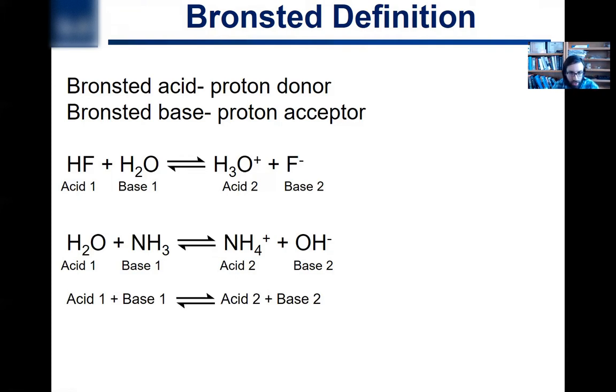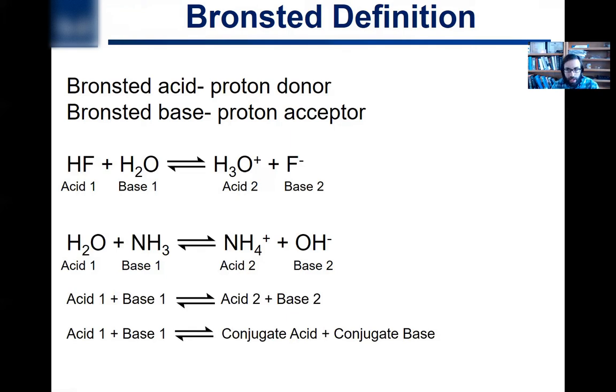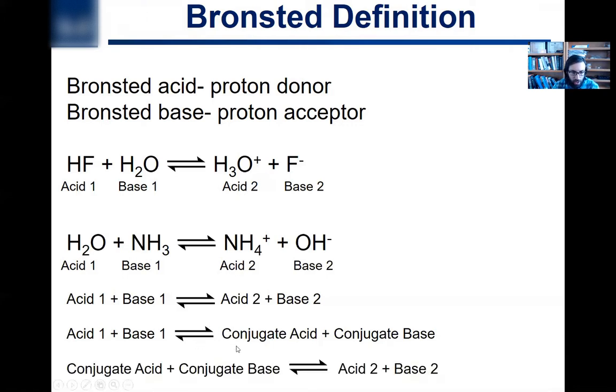In general, we're going to have acid 1 plus base 1 reacting with, or in equilibrium with, a second acid and a second base. Sometimes it's convenient to give this second acid and second base a special name. We call them the conjugate acid and the conjugate base. But because this is often in equilibrium, you could really write it as conjugate acid plus conjugate base going to acid 2 plus base 2.